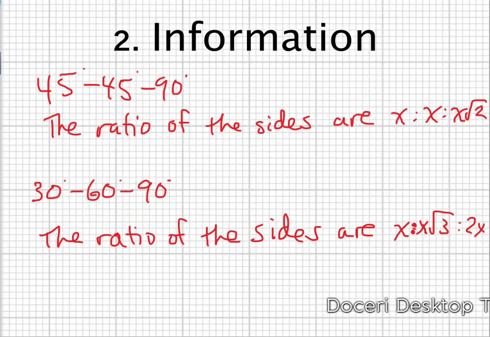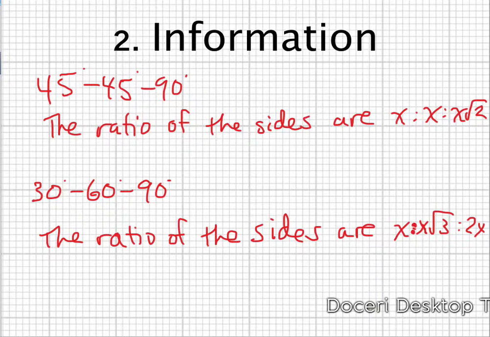Okay? So this is the ratio for both the 45, 45, 90 and the 30, 60, 90 triangle. Remember, the first value is always the smallest in the 30, 60, 90. The second is the middle, and the third is the hypotenuse.